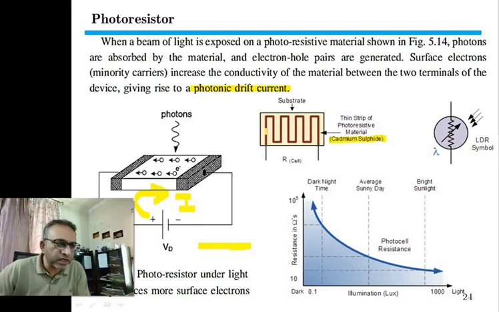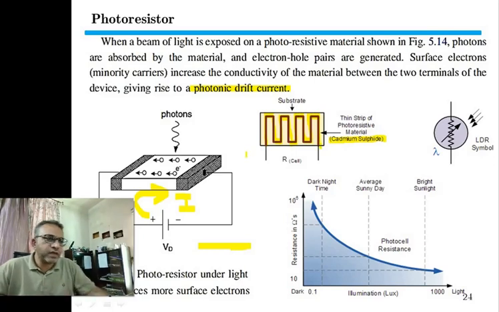Here is the material which is composed of cadmium sulfide. Why are there many bends and turns? So that more strip is used and more light can fall on the strip, and we can have a more variable resistance. And here is the variable resistance representation.